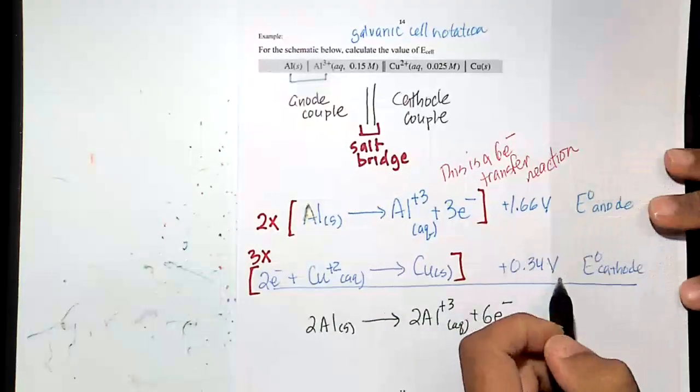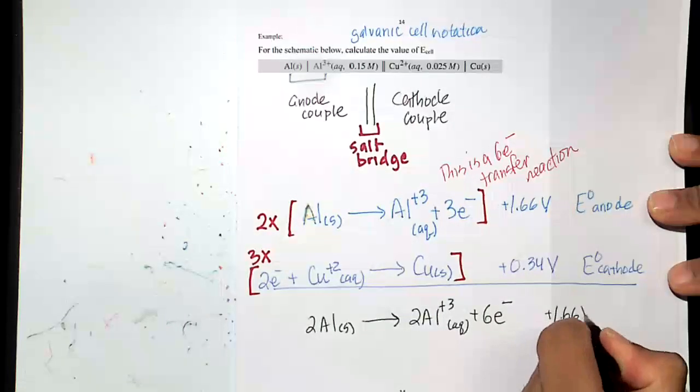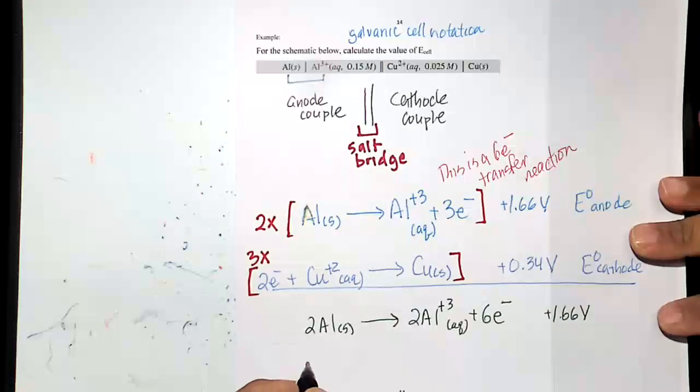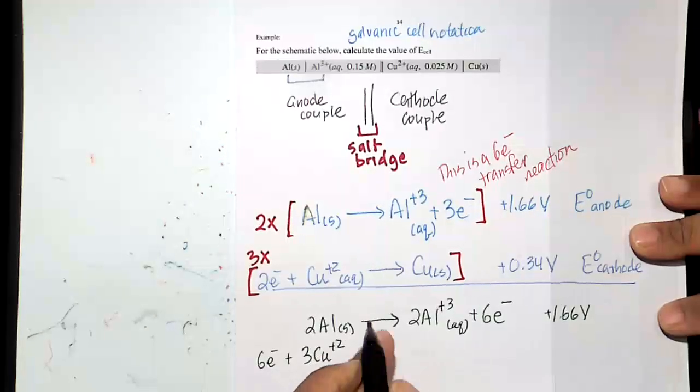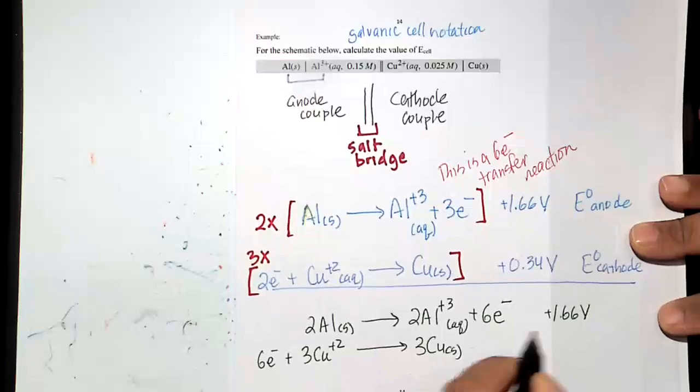If I multiply this by 2, what does this number become? Remember, we never change the number. The only thing we change is the sign. Then we have 6 electrons here, plus 3 copper plus 2 goes to 3 copper solid.